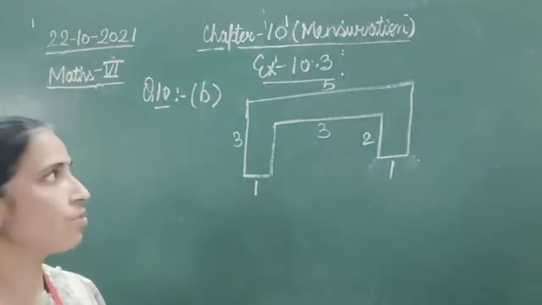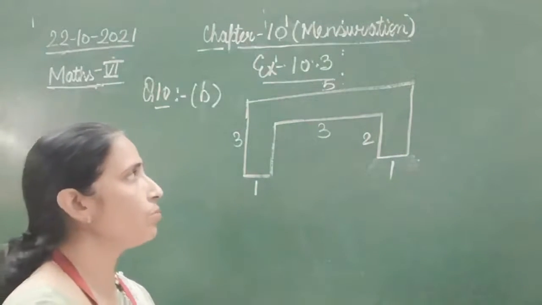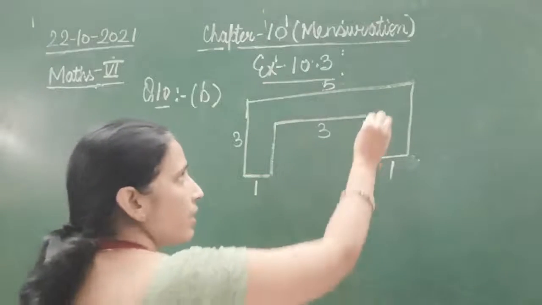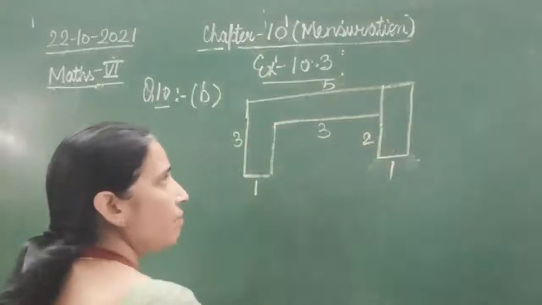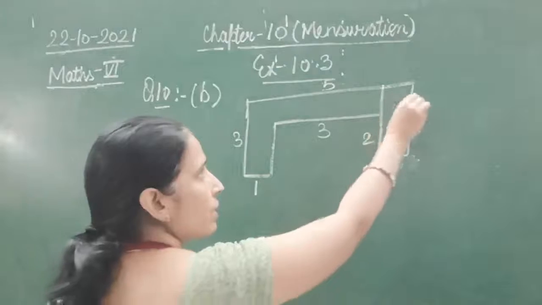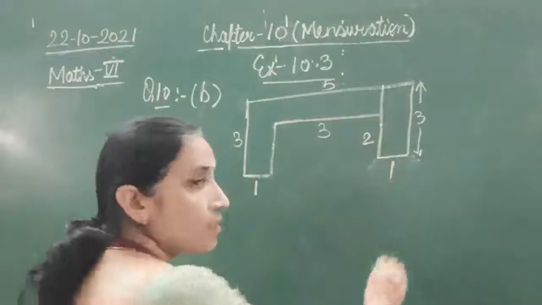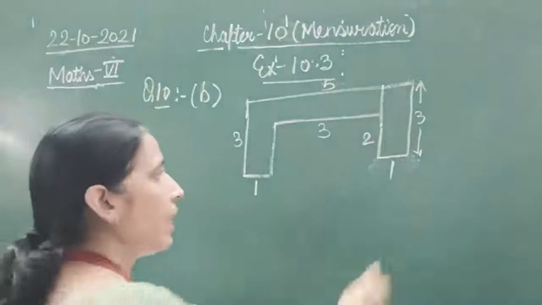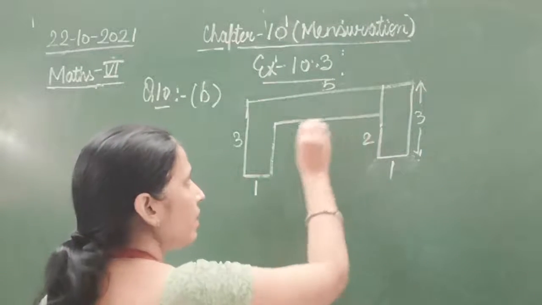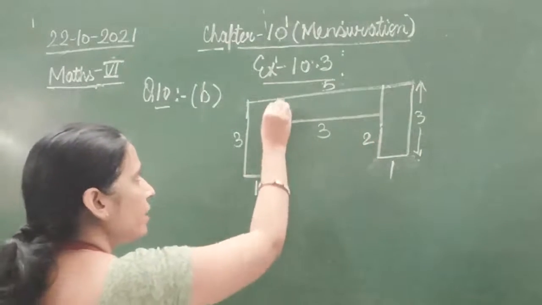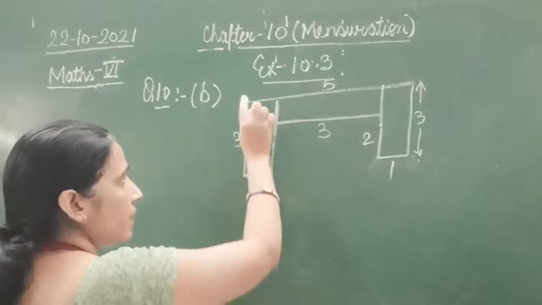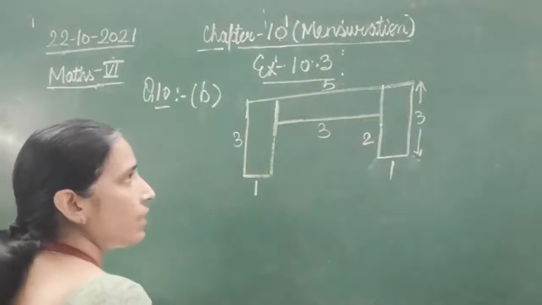So you can make rectangles. How are you going to make them now? Here you can join: this will become 2 plus 1, the length will become 3, and the width is 1. Here again you can join from here: this complete length is 3 and the width is 1.